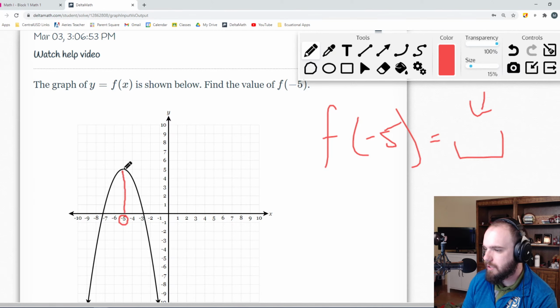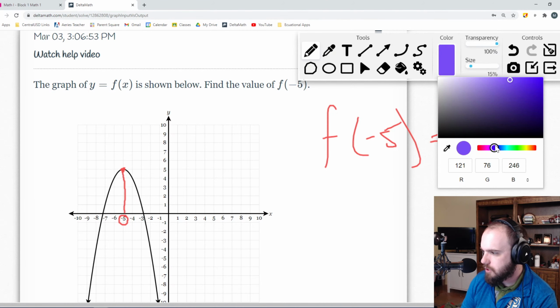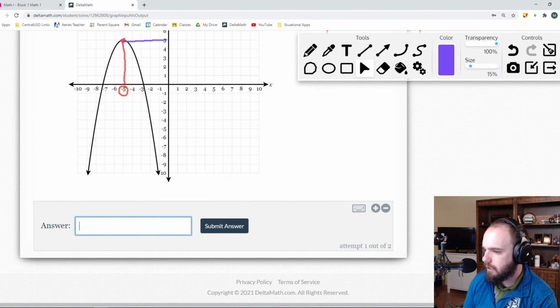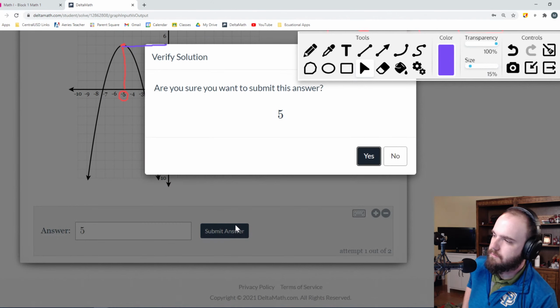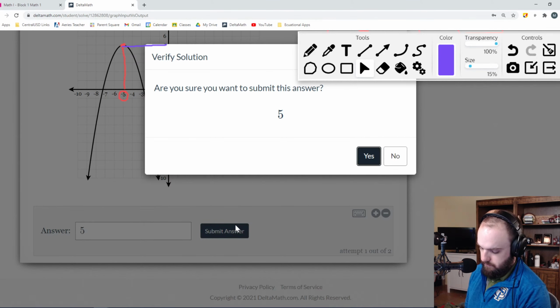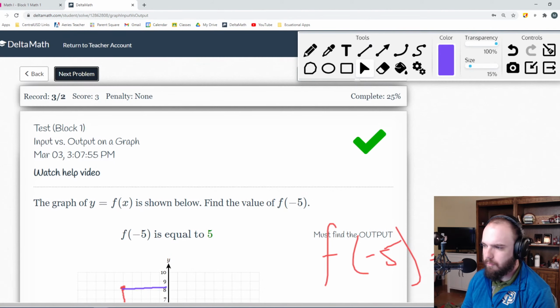I'm looking for what the height of the function is at that point, which is going to be, let me change colors here, my height is going to be +5. So that's what we're going to plug in here for our answer. Okay. All right. So pretty straightforward, right?